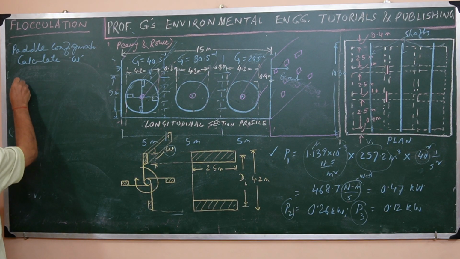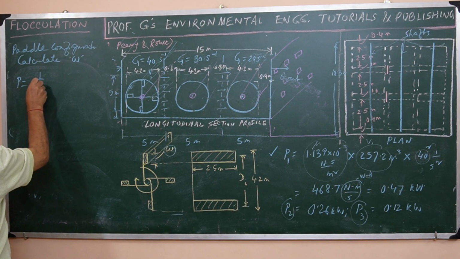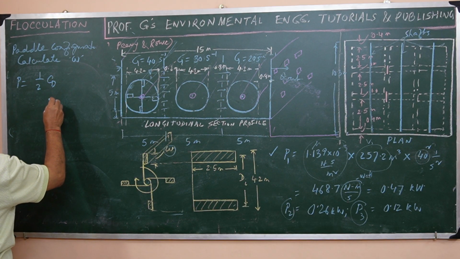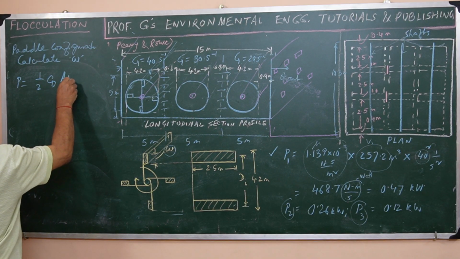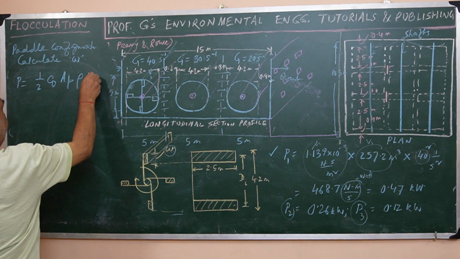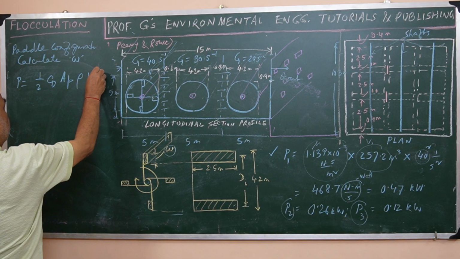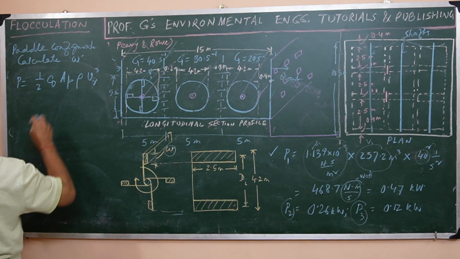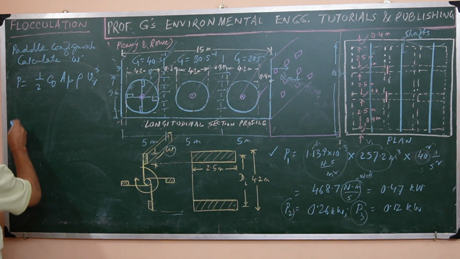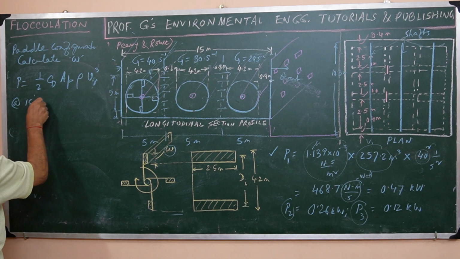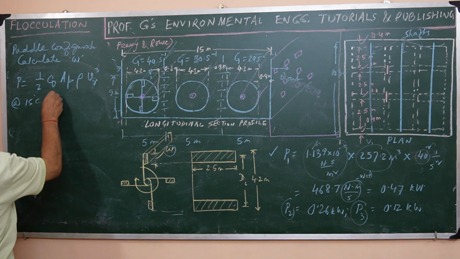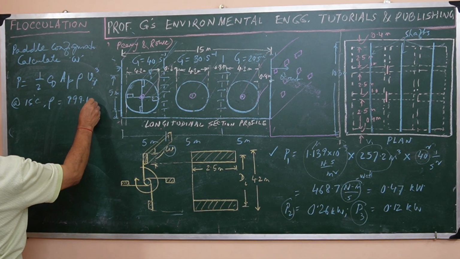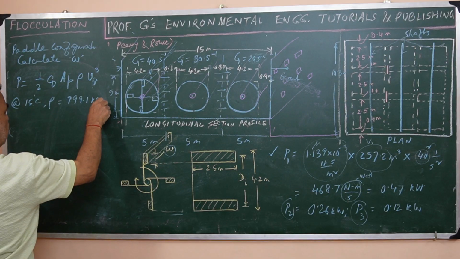So power input we have already calculated. There is another formula which I have explained earlier in my previous sessions. This is rho and VP cube. Actually VR, this is VR. So VP we will calculate, but at 15 degrees centigrade, rho is 999, little short of 1000 kg per meter cube.